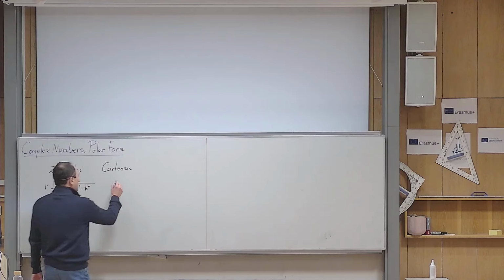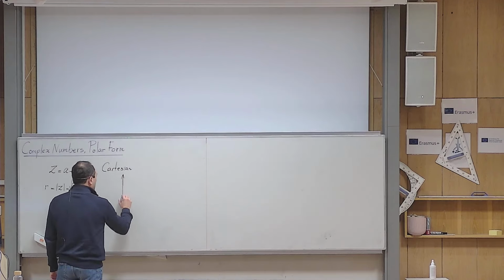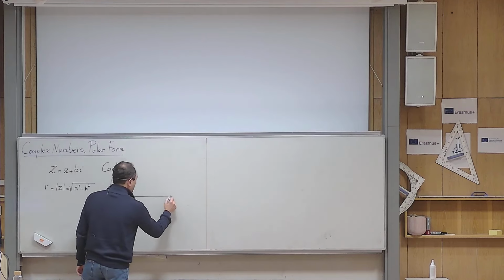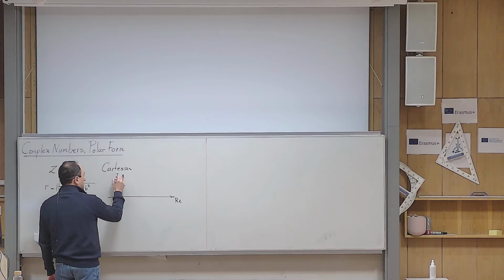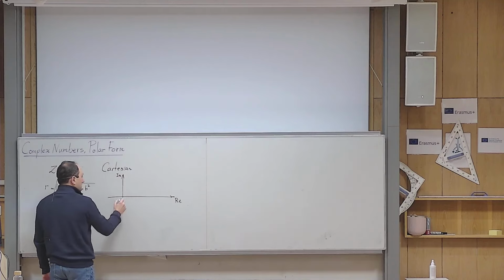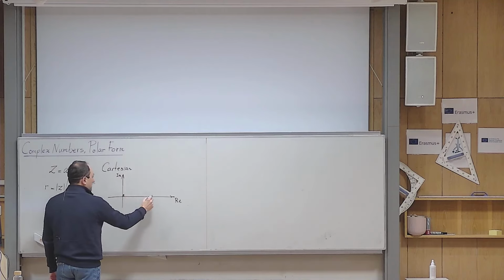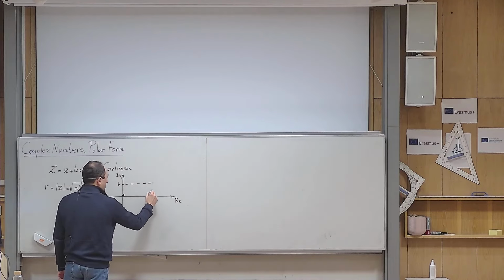Do you remember a complex number can also be visualized as a point on the complex plane. The complex plane is the plane whose horizontal axis, which we call the real axis, and the vertical one is the imaginary axis. Let us say that this point is a, this point is b. Then I find this point there.